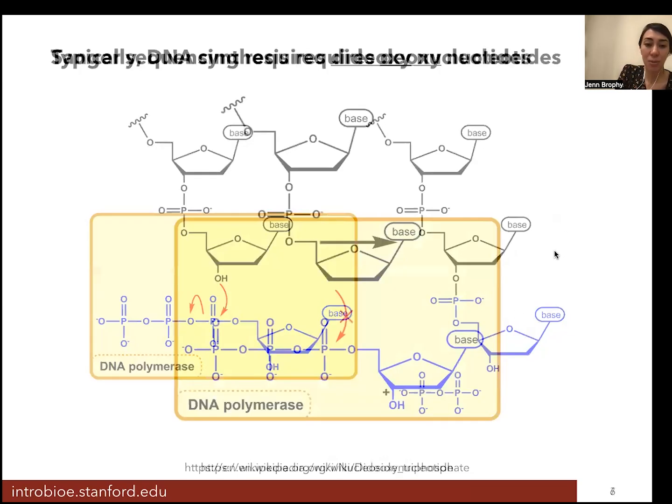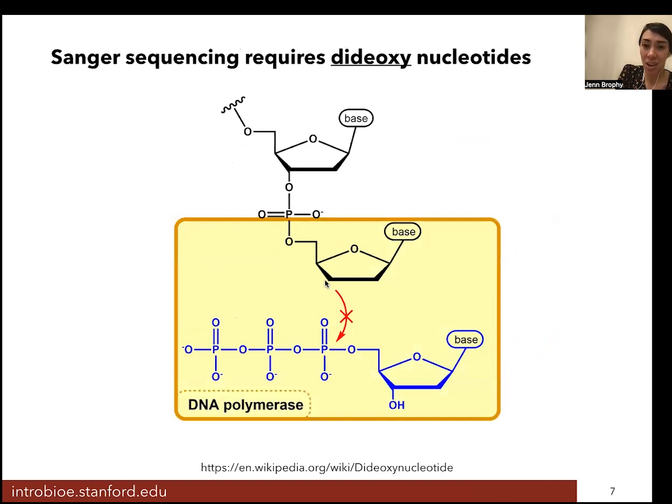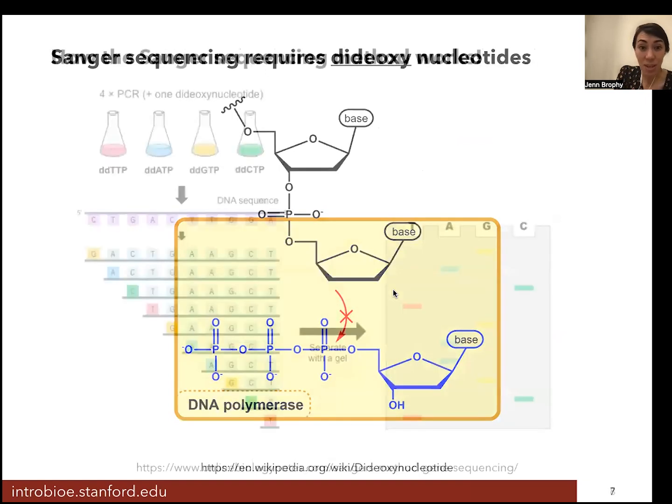But what Sanger found was that if you use a dideoxynucleotide, so something where there are no OH groups on the base, then it stops DNA synthesis. You essentially terminate the reaction. You can no longer elongate the DNA. Now, why would that be useful?